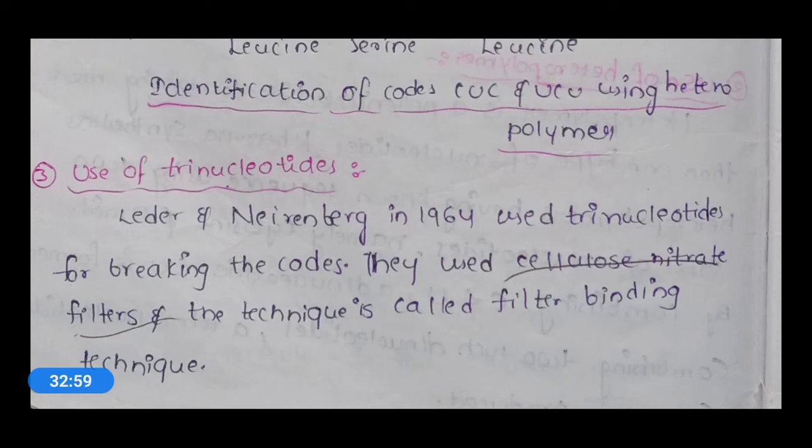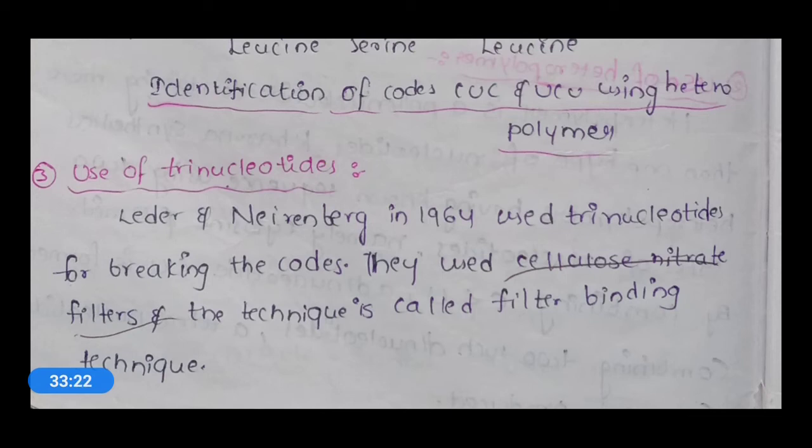In every experiment they used different kinds of techniques, instruments and methods. In this trinucleotide method they used cellulose nitrate filters, and the technique is called the filter binding technique.